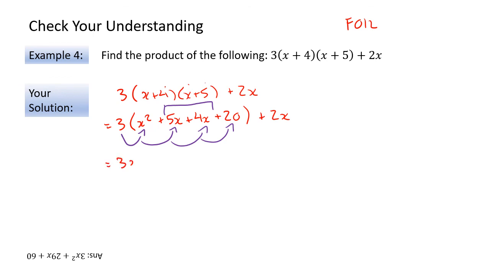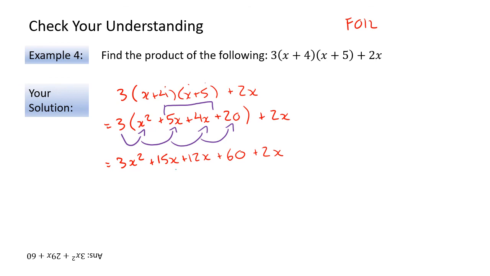So this gives you 3x squared plus 3 times 5x is 15x, plus 3 times 4x is 12x, and 3 times 20 is 60, and then plus 2x. So the 3x squared and the 60, those are the only terms that look like that, so we can't simplify those any further.